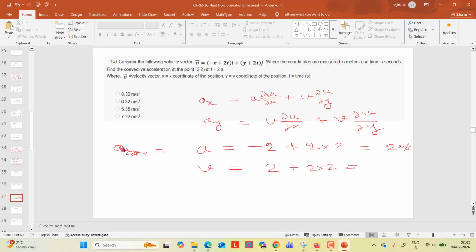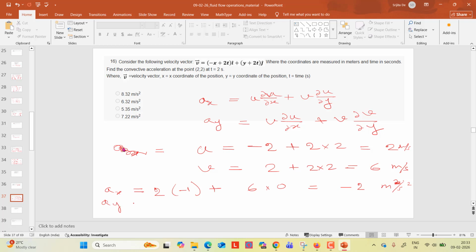This is 4 plus 2, 6 meter per second. Now comes the ax. u is 2, del u del x from the expression is minus 1, right? Plus v is 6 and del u del y is 0, equals minus 2 meter per second square.